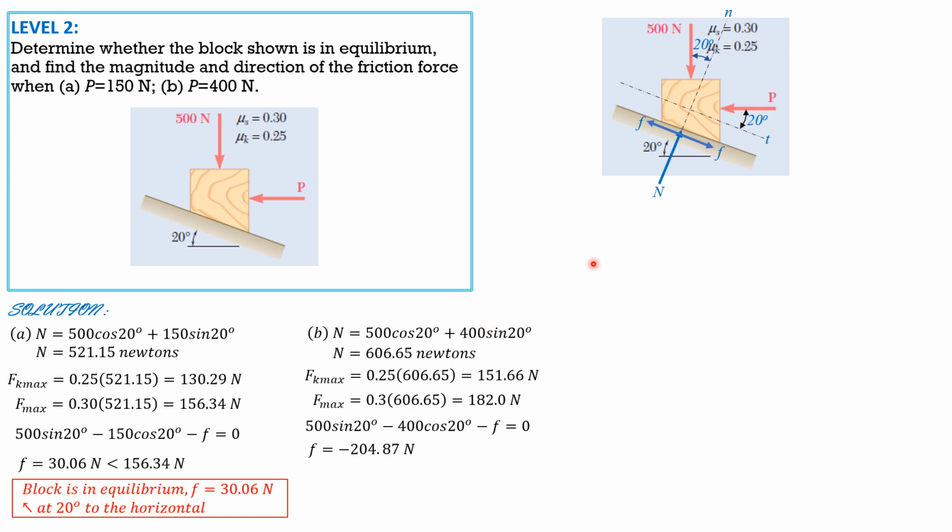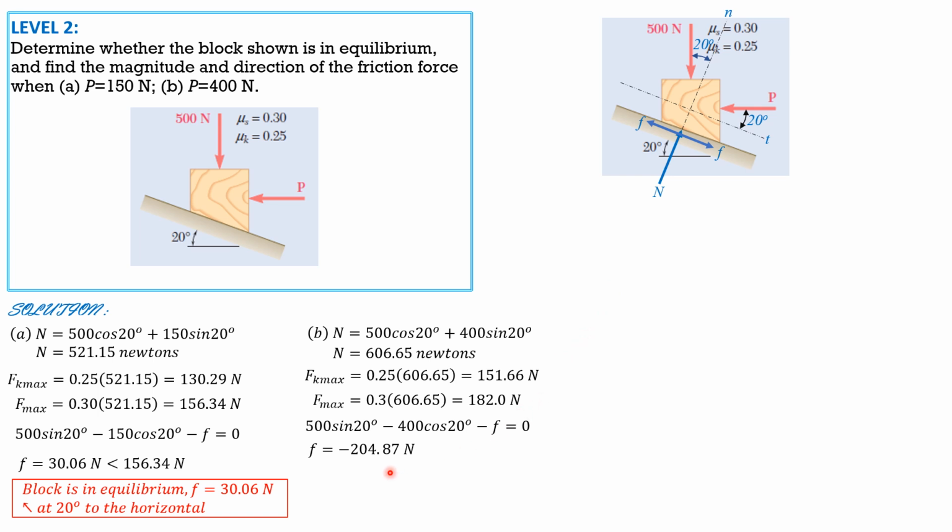Since it is negative, it means that it is wrongly directed. So F is going down in this direction. So this is the correct direction of F. Let's compare that F, 204.87, down the plane, which will make this block in equilibrium, to the maximum frictional resistance.